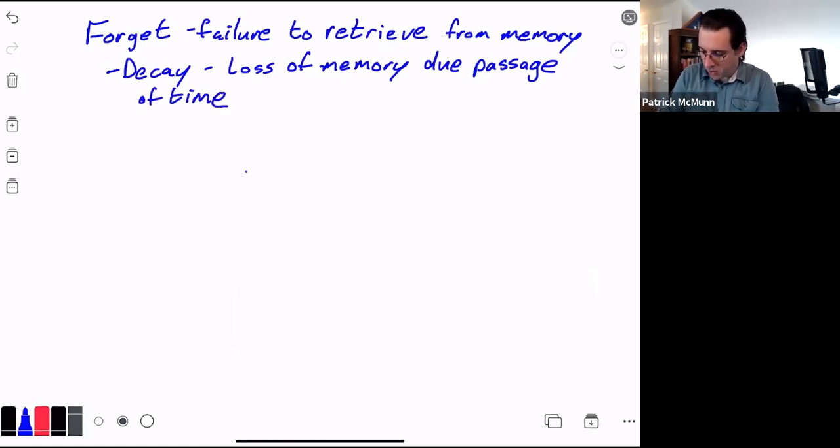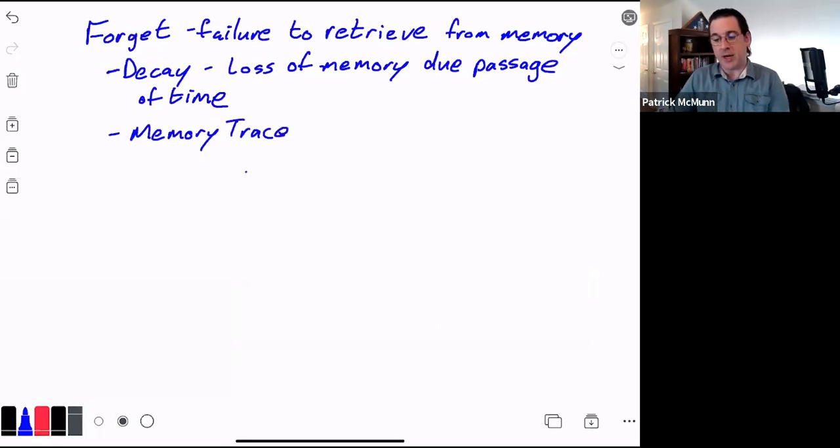We can also blame forgetting on what's called memory trace. So memory trace is a physical change in the brain that occurs when a memory is formed. Okay, we talked about physical.